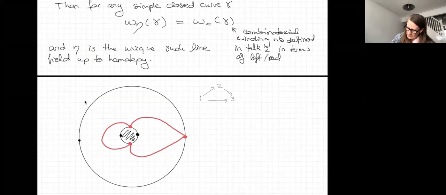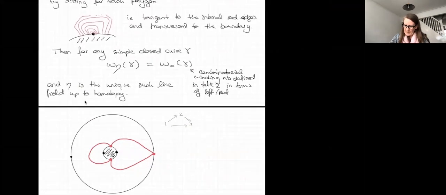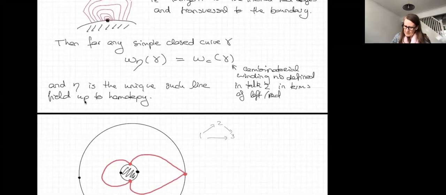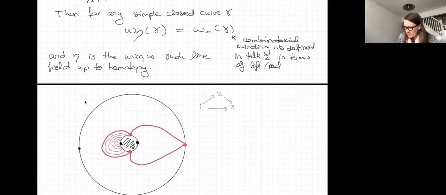And then you can draw the line field. Now we use this idea up here. So inside each polygon, we draw it so that it's transversal to the boundary and tangent to the red edges. So you get here the line field like this.